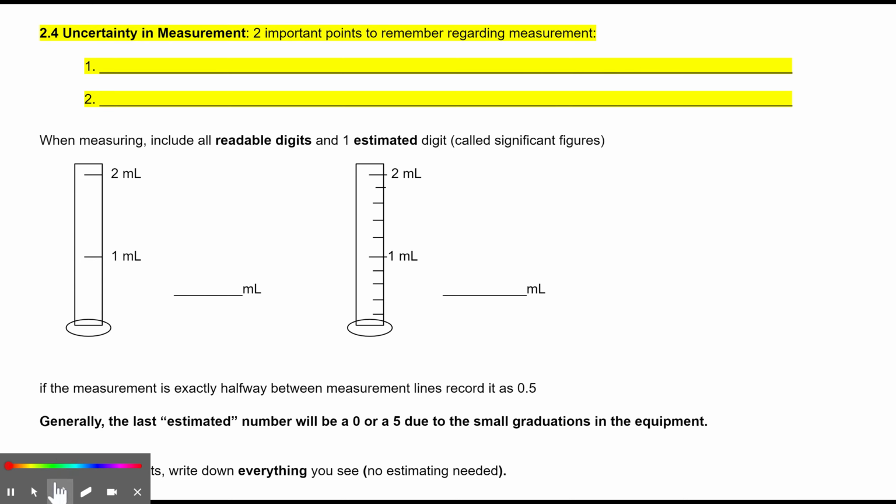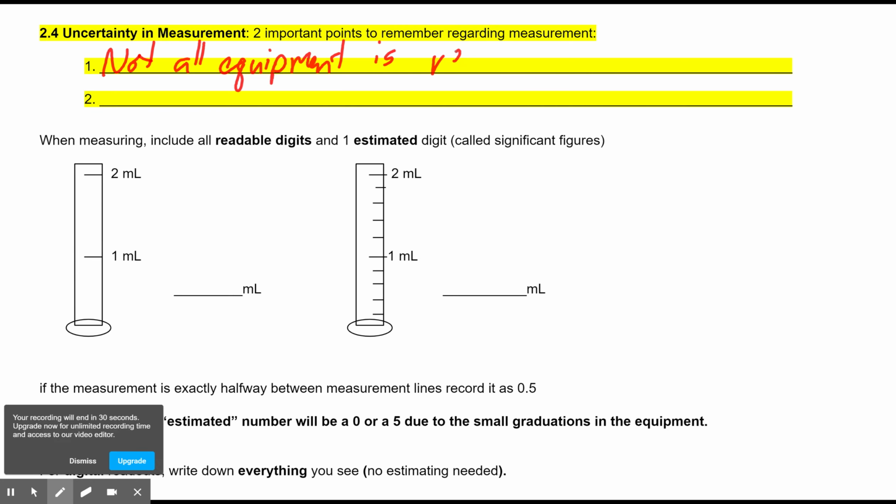There is also going to be uncertainty in measurements, and two important things to remember that we're going to look at: not all equipment is really accurate.